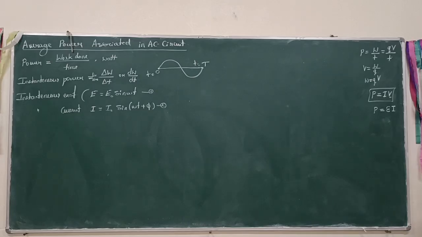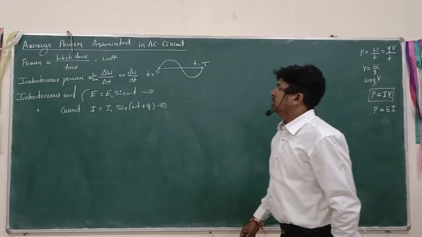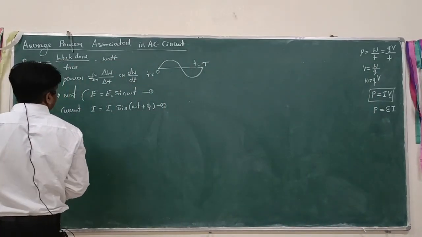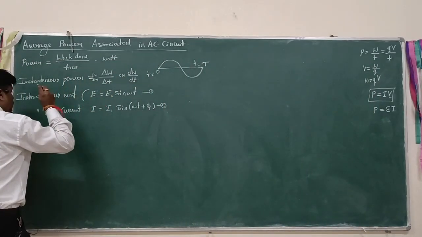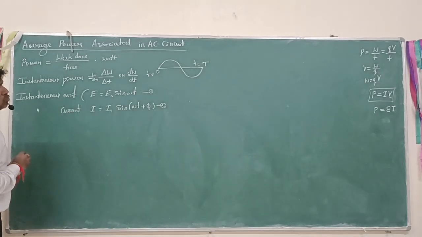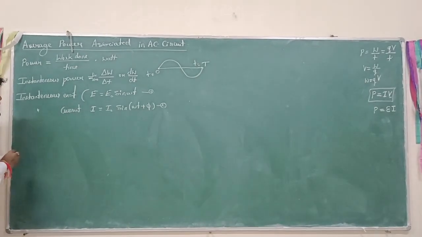So if in an instantaneous time the power is constant, then we have to do a small amount of work in order to maintain current in the AC circuit.